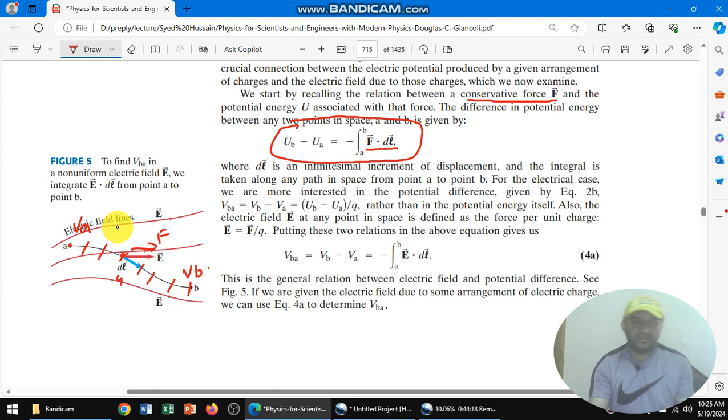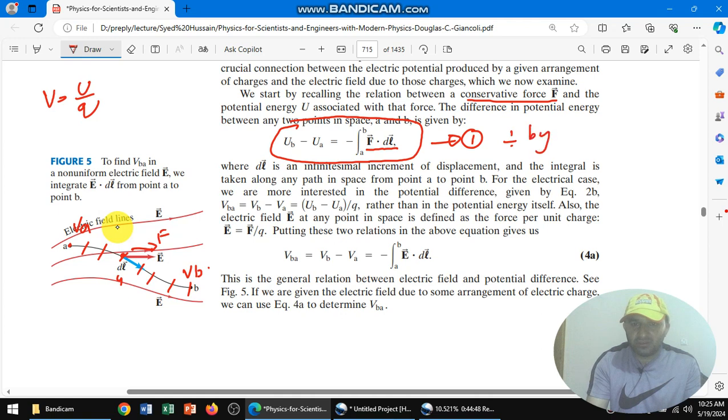Now, if you want to find the electric potential from potential energy, we have to divide by Q, because potential is defined as energy per unit charge. Suppose this is equation number 1, so we divide by Q on both sides.